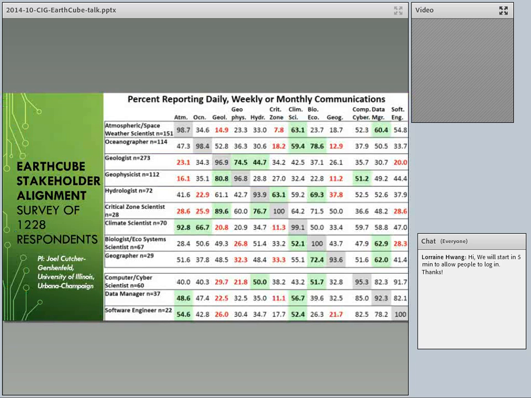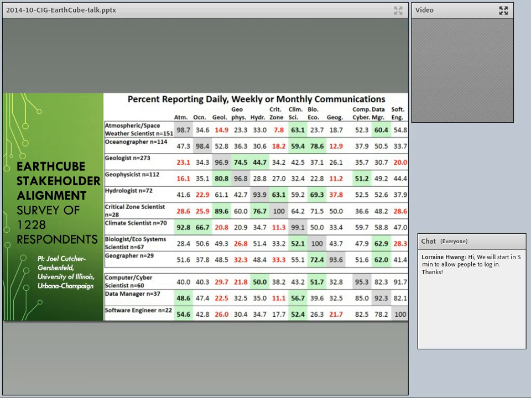Okay, so the stakeholder alignment survey, which was a separate Inspire funded project. The PI was Jewel Gershenfeld. It might still be ongoing, and this is a summary of what they found. They had quite a few respondents from different subdisciplines, and this table here shows how much they communicate, and this is the percentage of those reporting daily, weekly, or monthly communications.